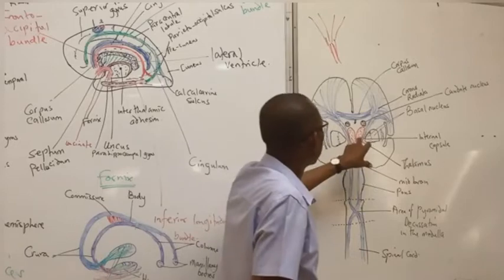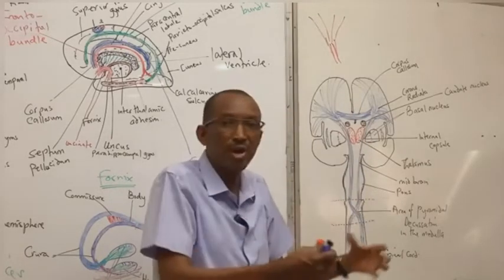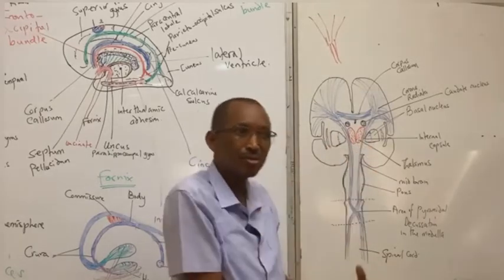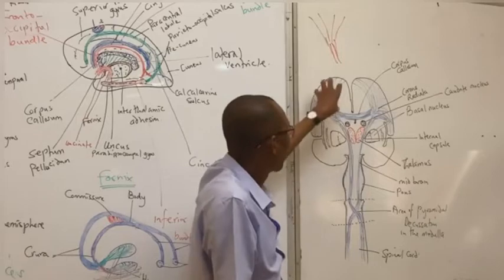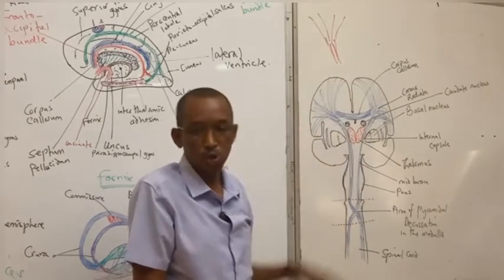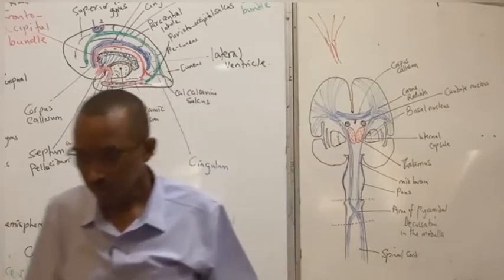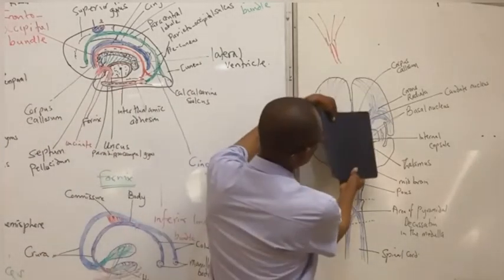So in general, this internal capsule is just a conglomeration of the radiated fibers that emanate from the neurons of the cerebral cortex. As they descend down like this, they form this.